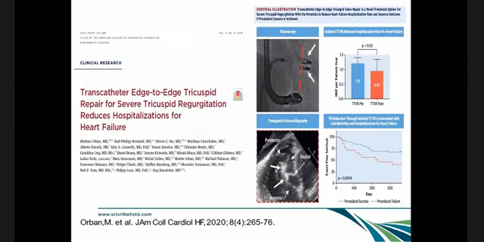A similar situation happens when you stop tricuspid regurgitation in patients with severe tricuspid regurgitation and right ventricular failure. Because the RV is very dependent on preload, and it is very afterload sensitive.